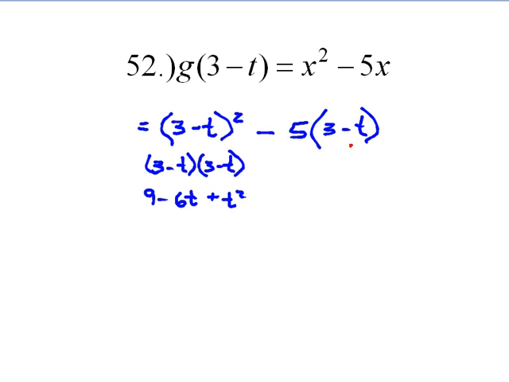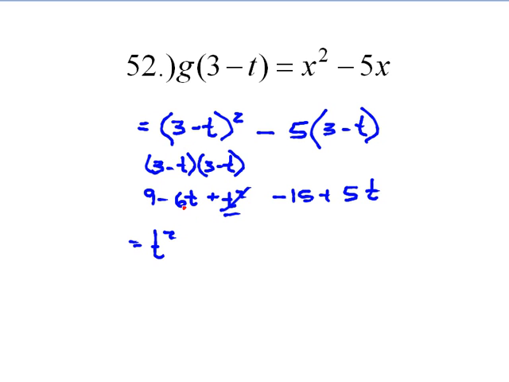Alright, now we have to distribute the monomial. So we have negative 5 times 3 is negative 15, and negative 5 times negative t is a positive 5t. Okay, now we combine like terms. So we have the t squared, let's write it in standard format, t squared.